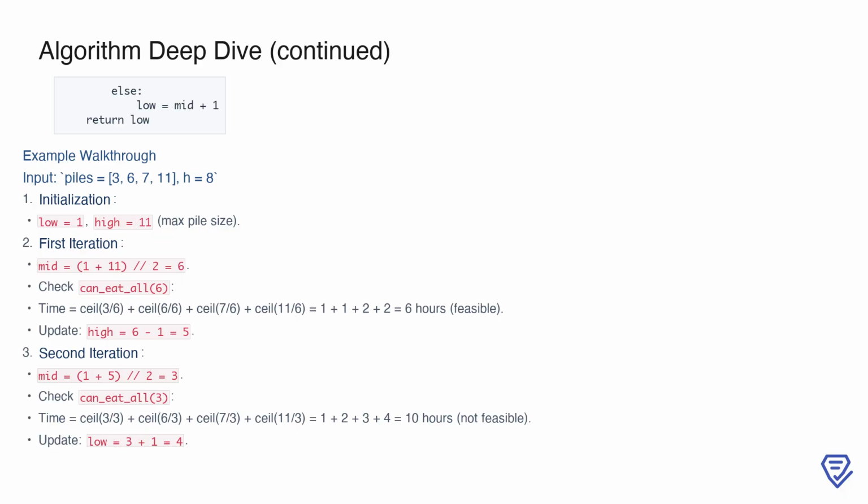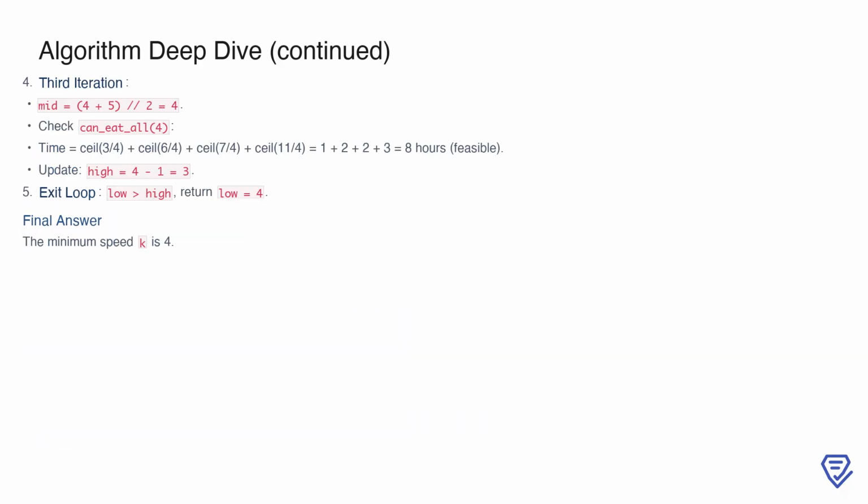Since this is within the limit of 8 hours, 6 is feasible, and we update high to 5. In the second iteration, mid becomes 3. The time at this speed is 10 hours, which is not feasible, so we increase low to 4. This process continues as the binary search narrows down the range.